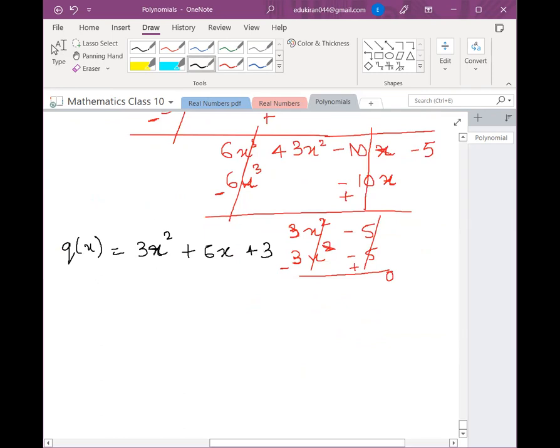So 3 into 3 is 9. So make factors of 9 so that you can get 6. So 3 and 3, right? See, this is 3 here and this is 3 here. So 3 into 3 is 9. So do prime factorization of 9. So 3 into 3 and then 3 into 1.